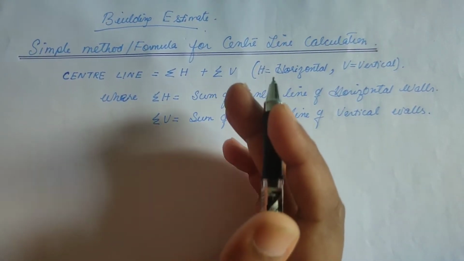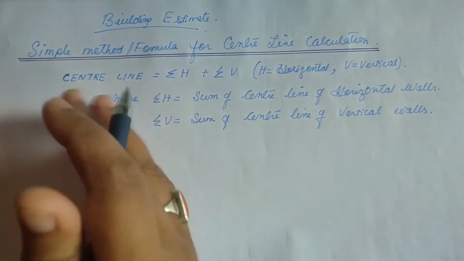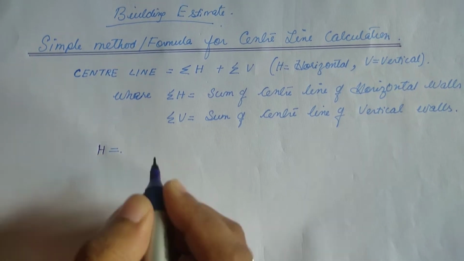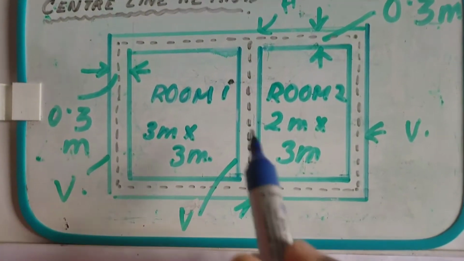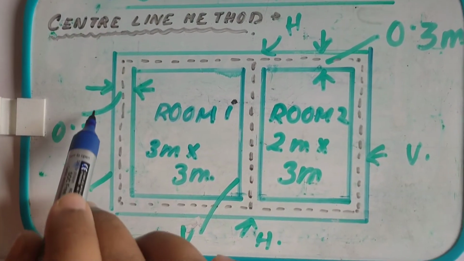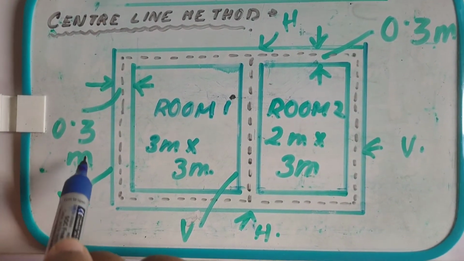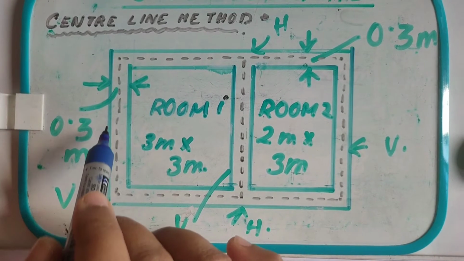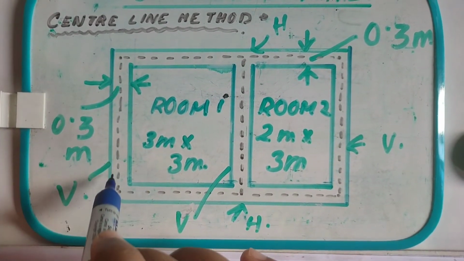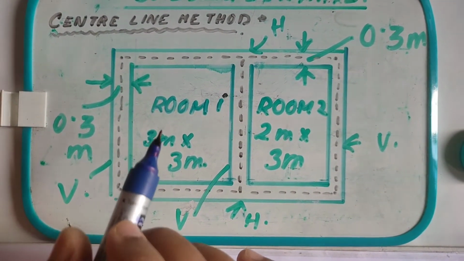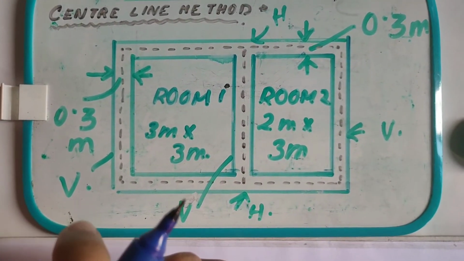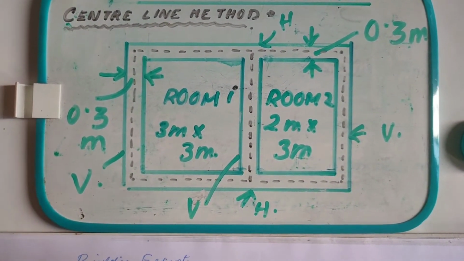First let's find the horizontal walls, H equals, let's move on to the plan again. What was the thickness of the wall? 0.3 meter. As we drew a center line in the wall, we will consider half of the thickness, that will be 0.15 meter.